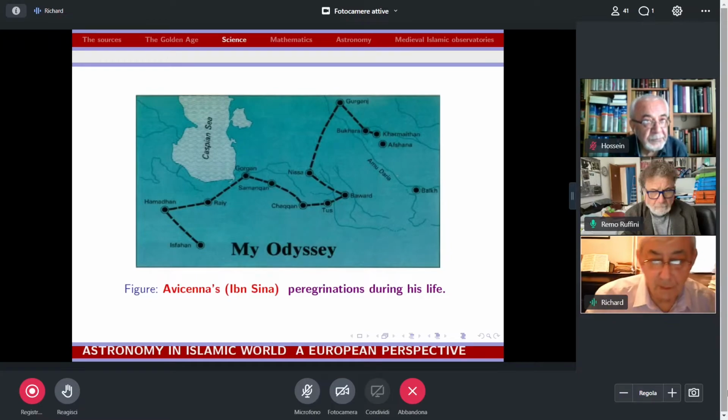You see, he was born here in Central Asia, and then came to Nishapur. He was in Tus and Samarkand, and finally finished his days in Isfahan.